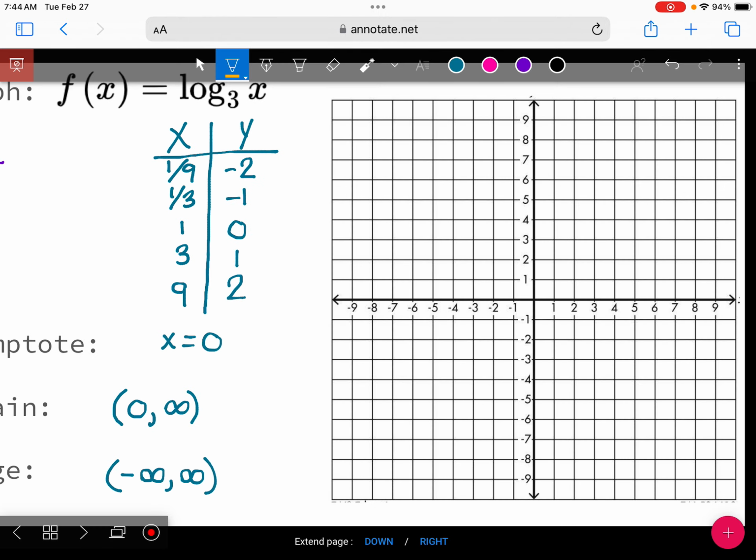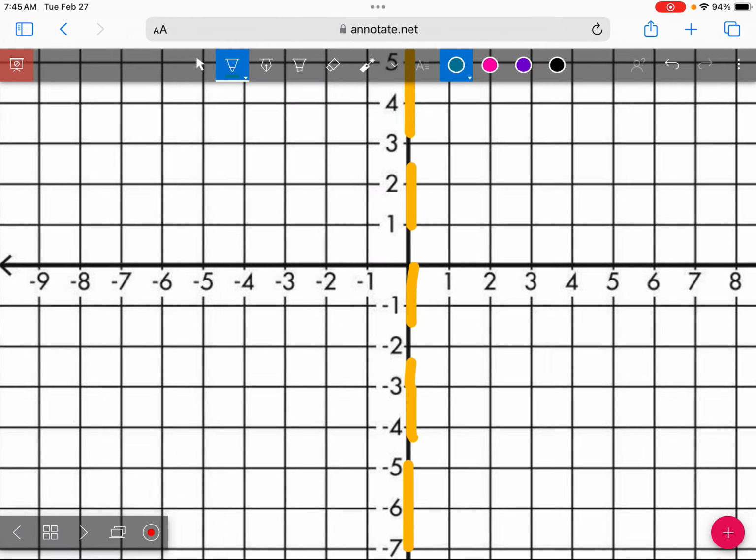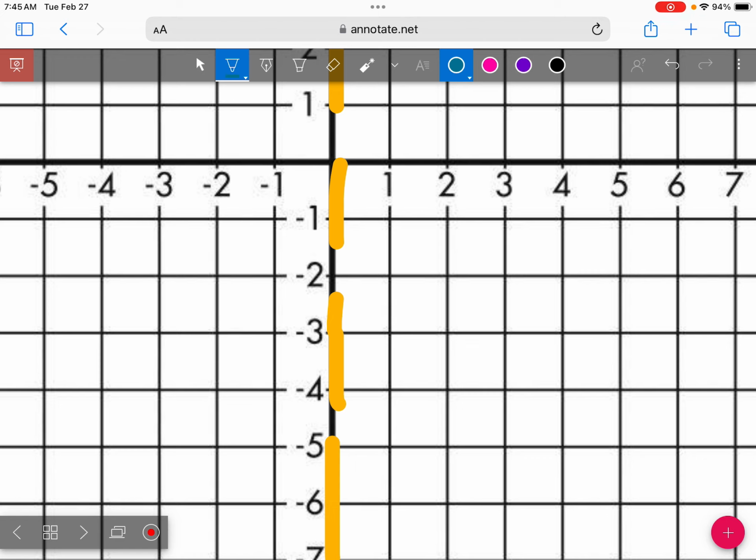So we're going to plot this up. I'm going to put my asymptote up here, my x equals 0. This is the wall it can't cross. I'm using yellow on this one. There's our wall, our asymptote. And we're going to plot our points. When x is 1/9, y is -2. So it's really close to our asymptote, way down here. When x is 1/3, y is -1.